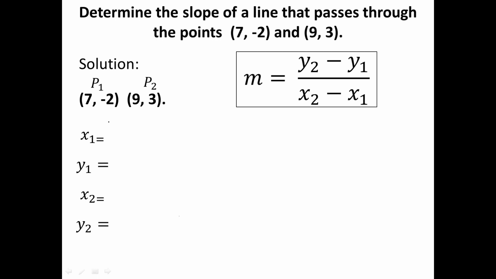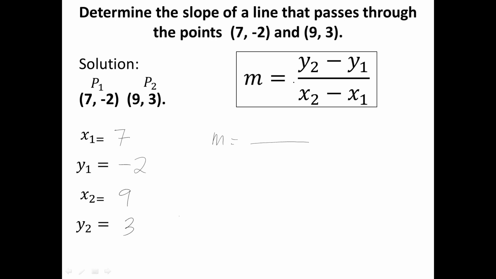Then let us identify the values again. For point 1, the x coordinate is 7 and the y coordinate is -2. For point 2, we have 9 and +3. Next, substitute these into our formula.